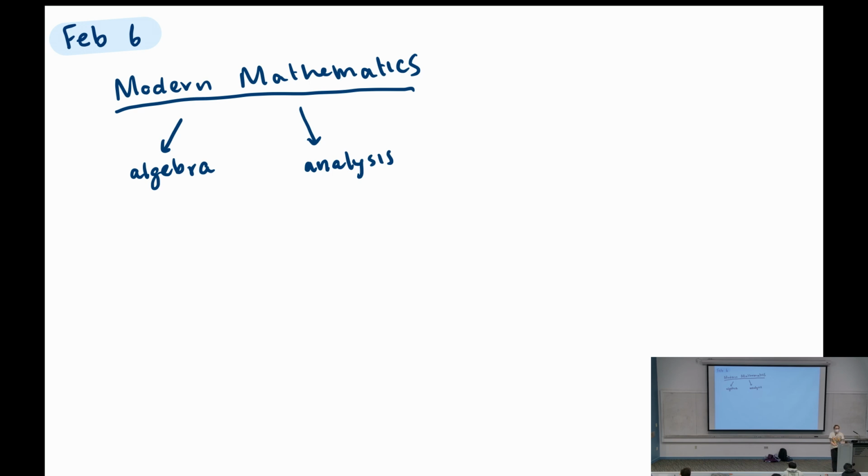Courses that you might take in analysis would be real analysis, complex analysis. Calculus is kind of like a baby step towards analysis. And obviously we're in a course called abstract algebra, so we're falling into this camp in this class.